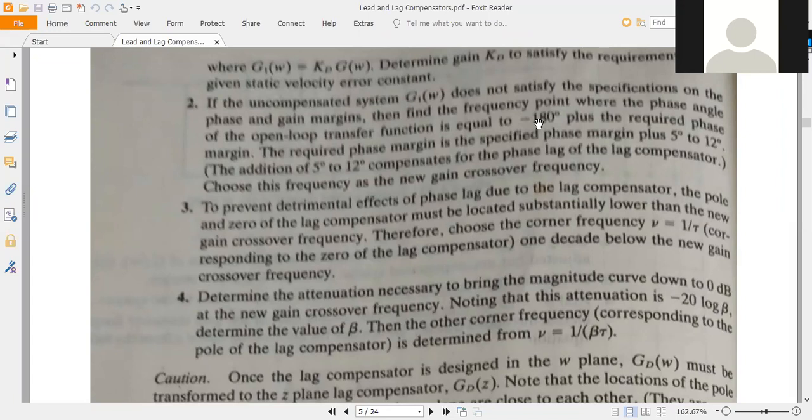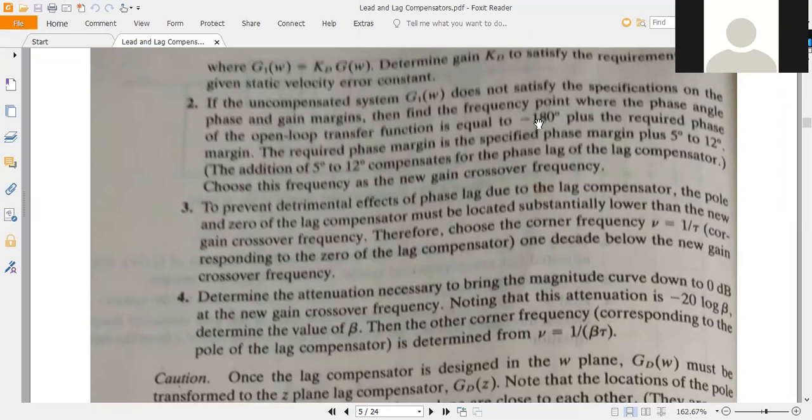So we have to know the attenuation as minus 20 log β, and we have to determine the value of β.